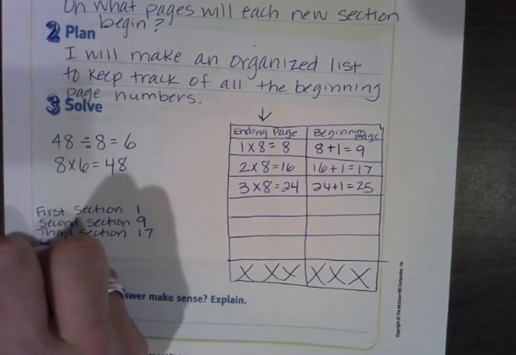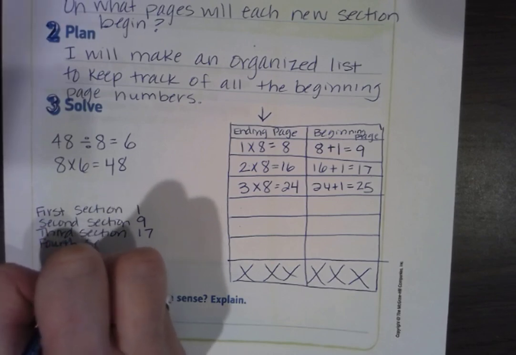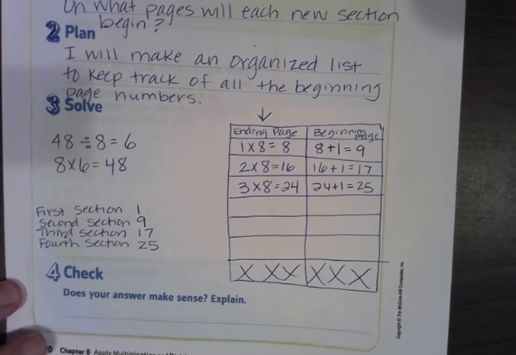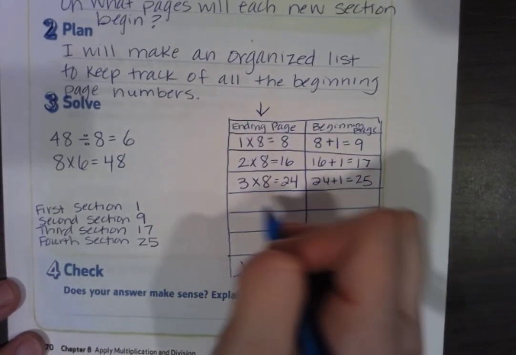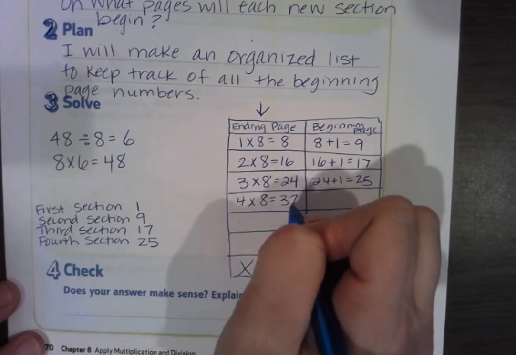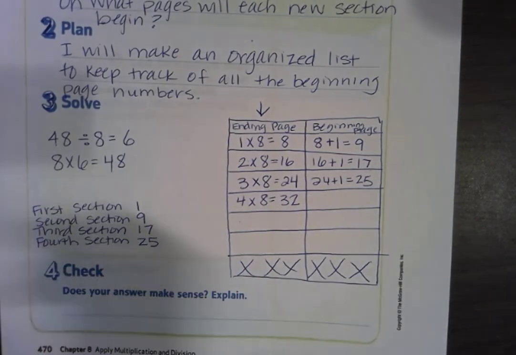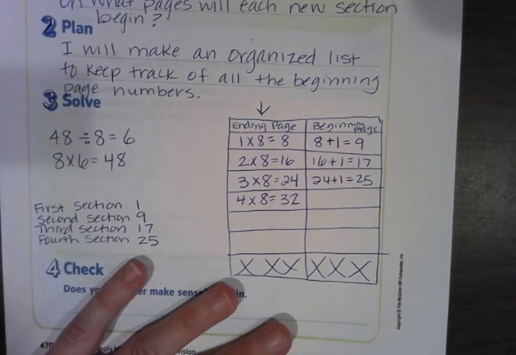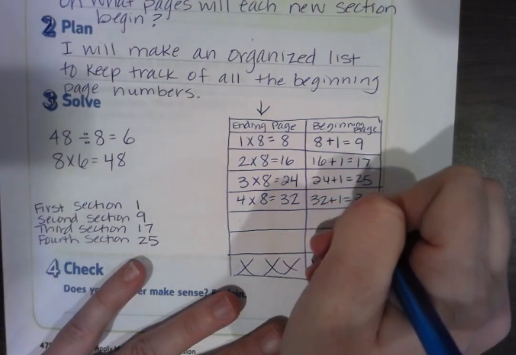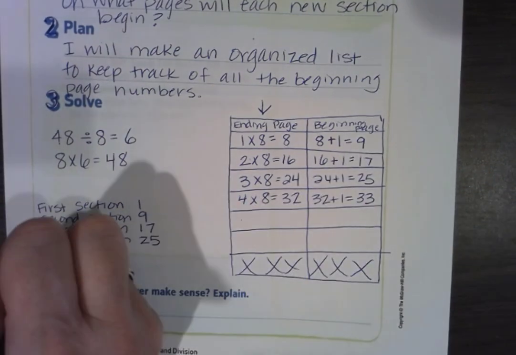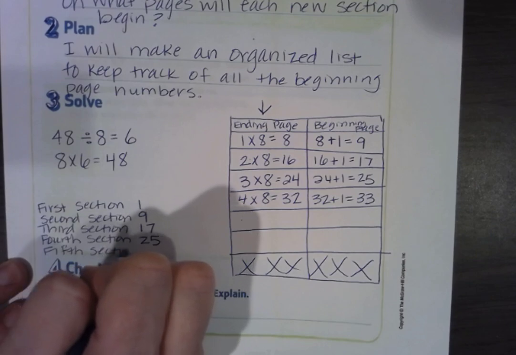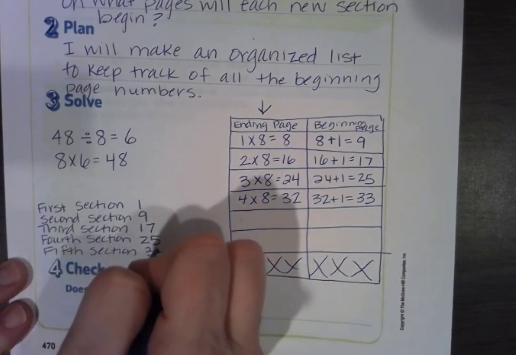So the fourth section begins on 25. Okay, so the fourth section times 8 pages equals 32. 32 ends on the 32nd page, so 32 plus 1 equals 33. That means the fifth section starts on page 33.